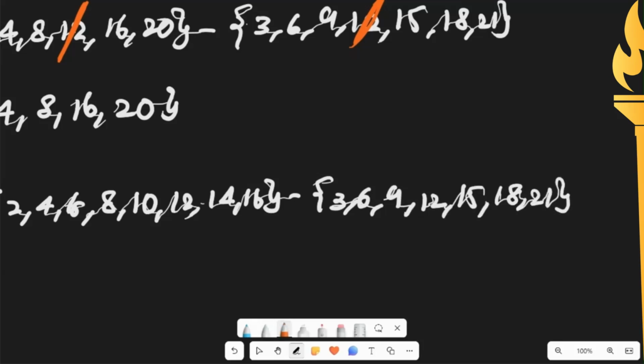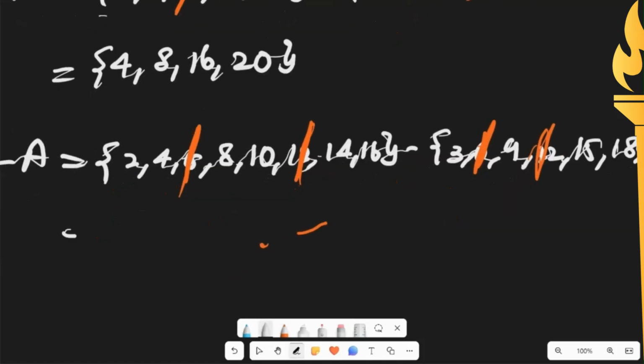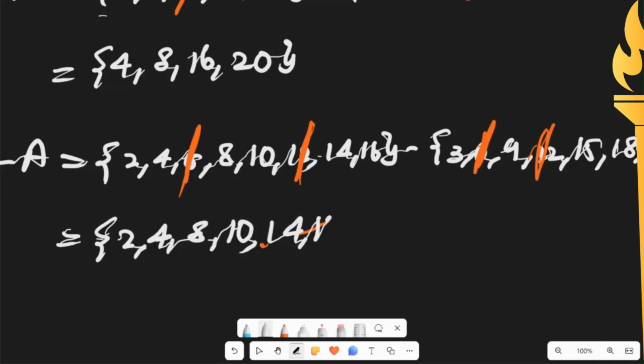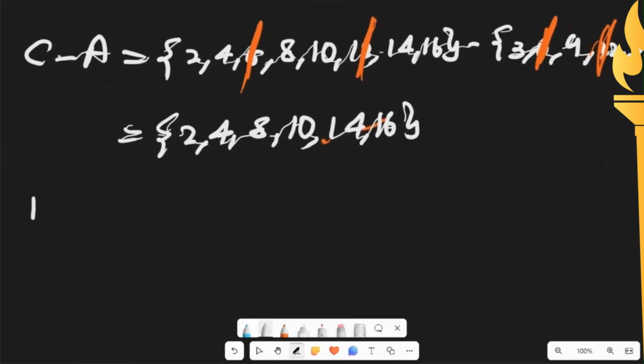We have two common elements, which are 6 and 12. These are the only common elements we have. So if we write the remaining elements in the first set, we would get 2, 4, 8, 10, 14, and 16.